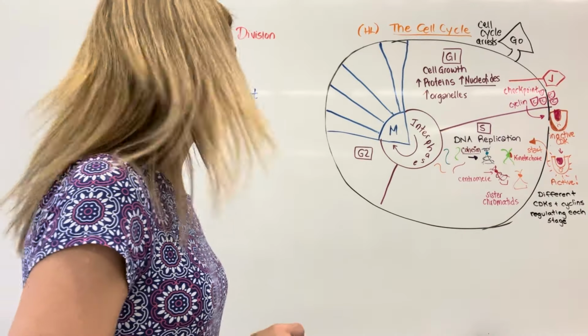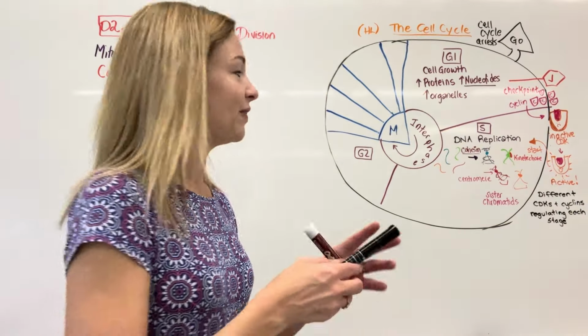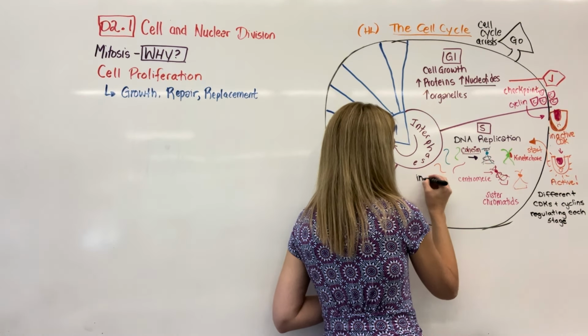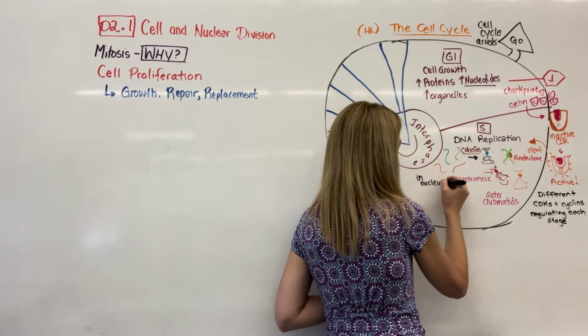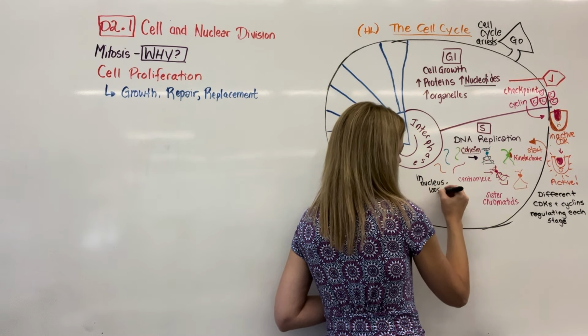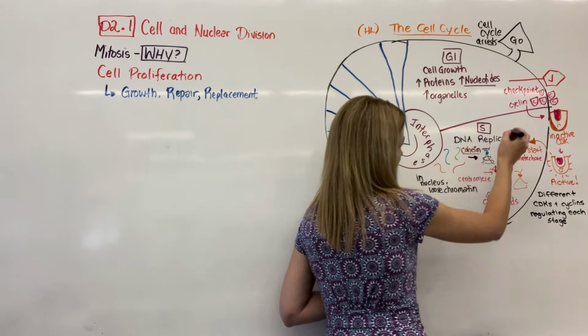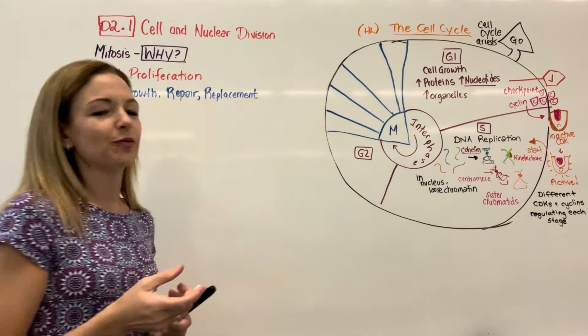Okay, so I'm always checking that I covered everything. The only thing to note is that this is all happening in the nucleus and that they are actually still loose chromatin. So I've tried to draw it not too tight, but I wanted you to be able to see it.